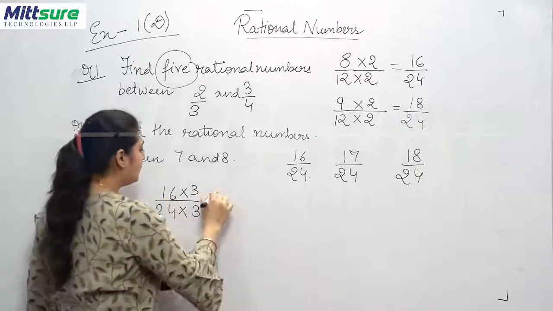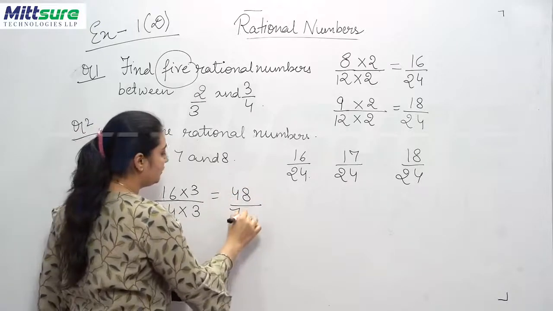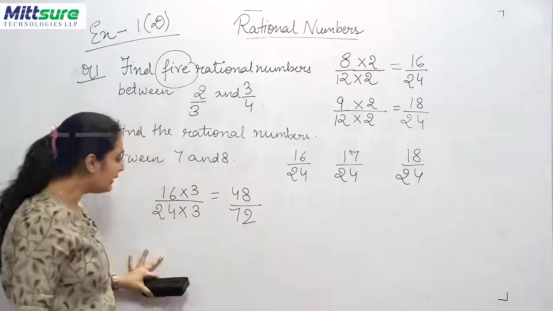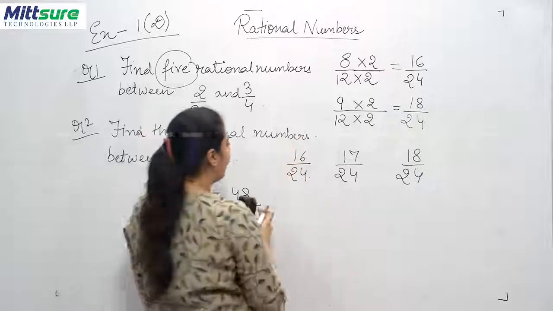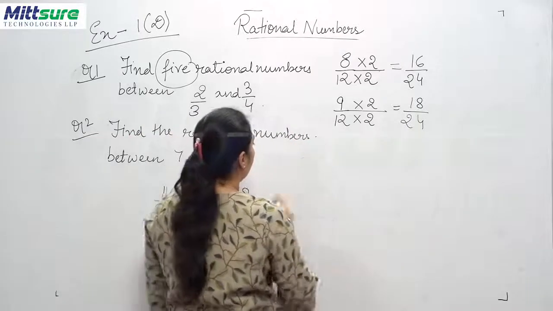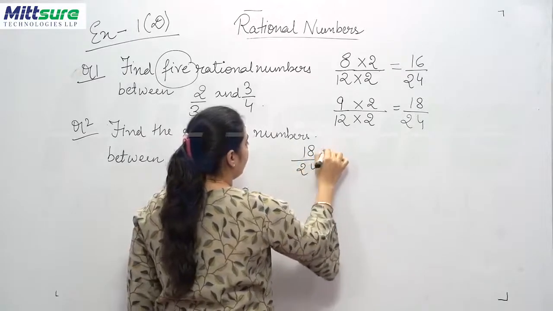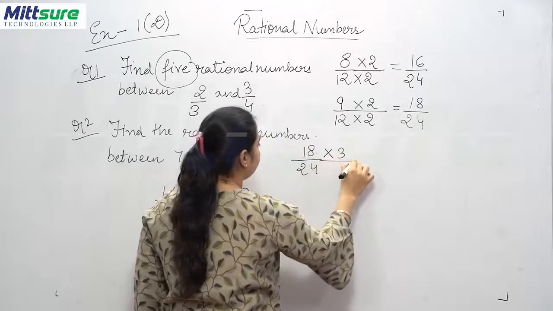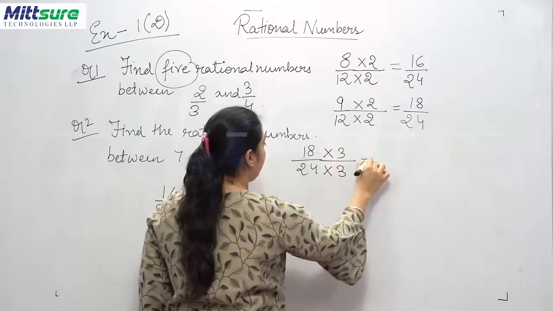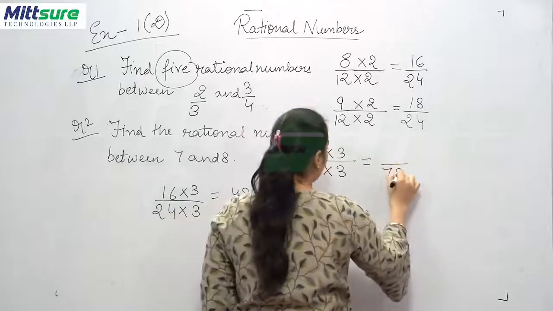So 16 threes are 48, 24 threes are 72. Clear? Now 18 upon 24 will also be multiplied by 3. 24 threes are 72.